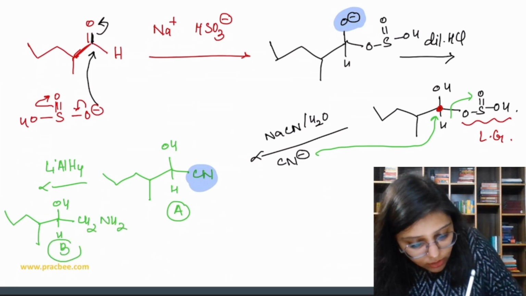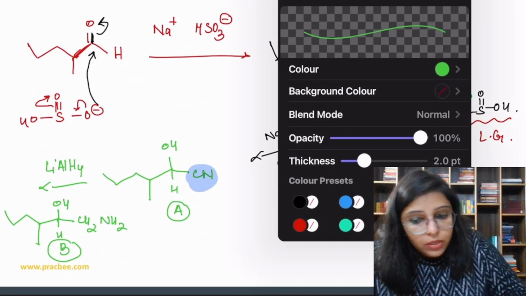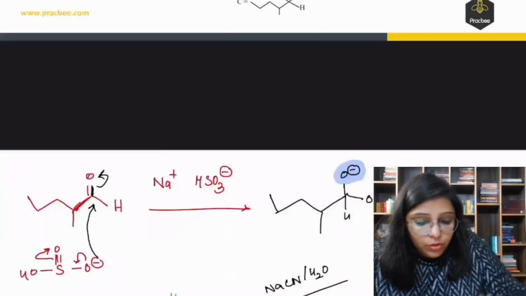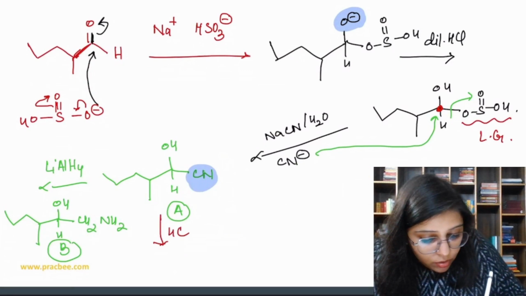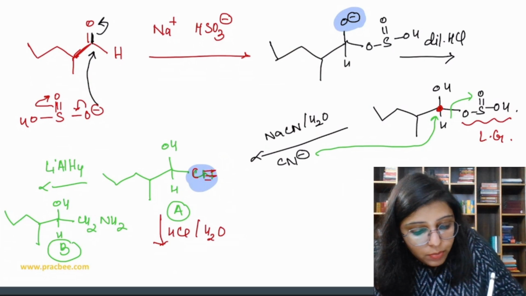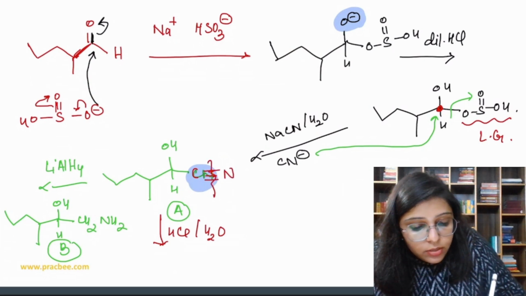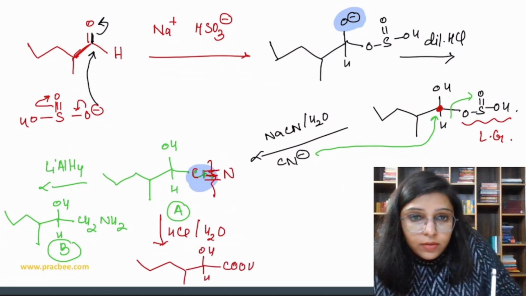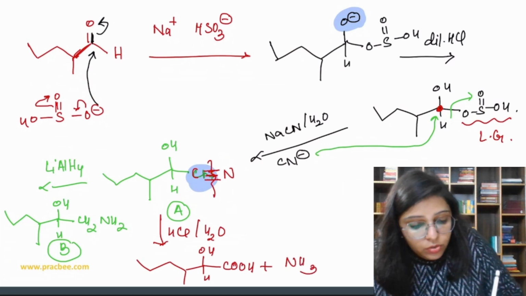So this is B. Now the third one, A on reaction with HCl and H2O. So with HCl and H2O, we have to do hydrolysis. So this is C triple bond N. So hydrolysis of cyanide gives carboxylic acid, plus ammonia. So that is C.